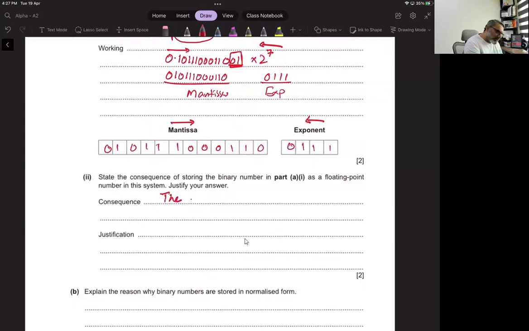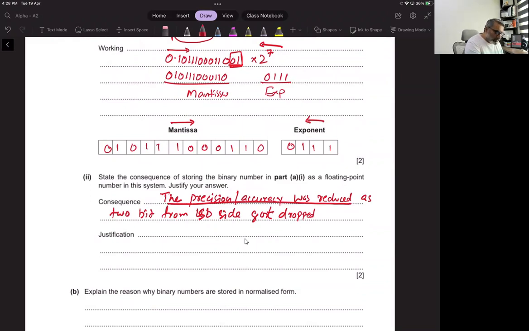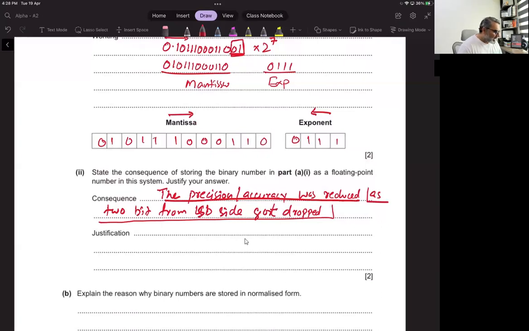So the consequence was the precision or the accuracy was reduced, and the justification is as 2 bits from the least significant bit side got dropped in mantissa.